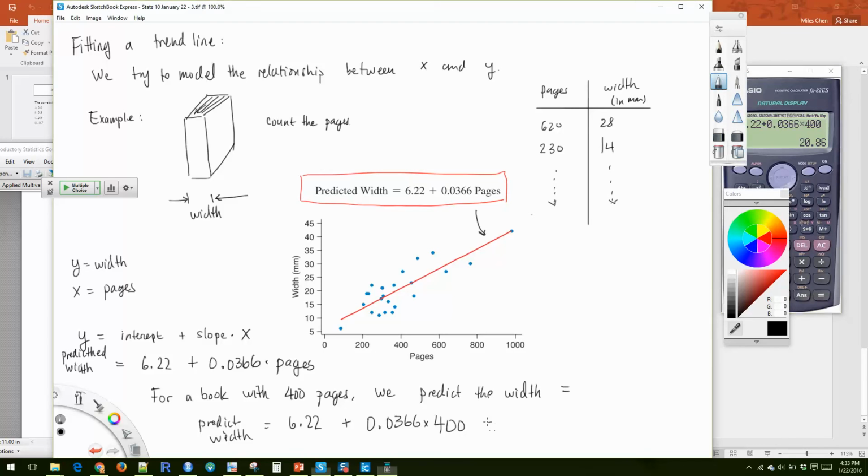So this says 20.86 millimeters. We're predicting a 400-page book to be about 21 millimeters thick. And that is what this red line says. So 20.86 would be exactly on the line. This is a point on our prediction line.